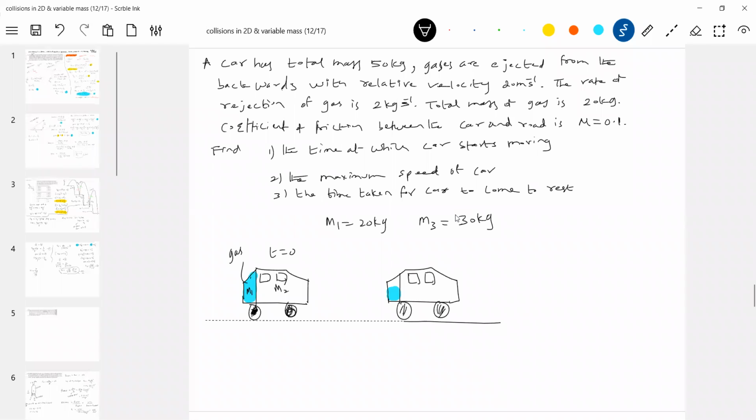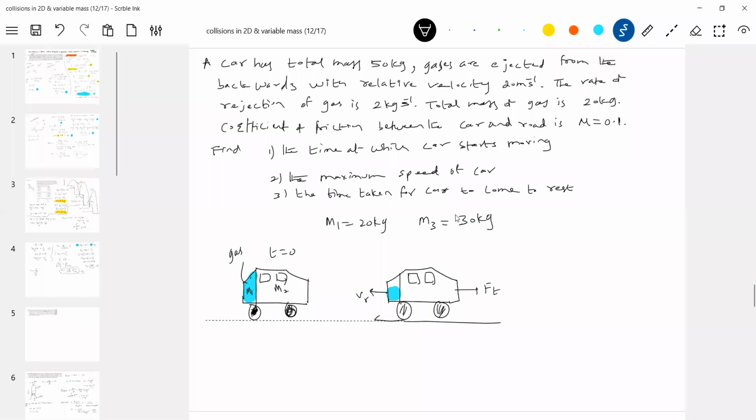Okay, let's go back to all the things. What is the direction of thrust force? The gas will be ejected in the backward direction. Then the mass of the system is decreasing. Then in what direction should the thrust force act? In the forward direction. In what direction should the friction act? The friction should act backward.